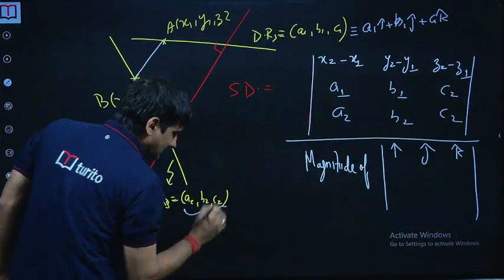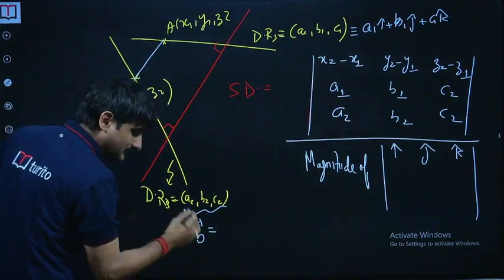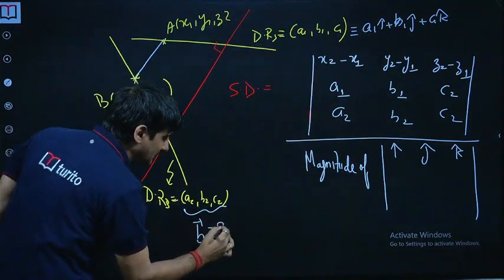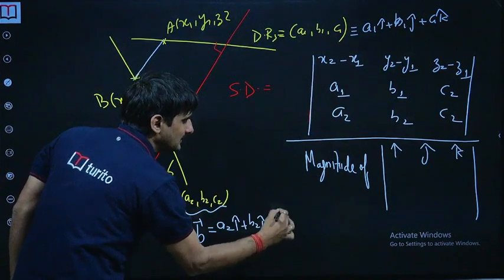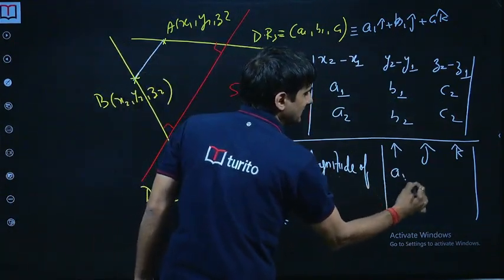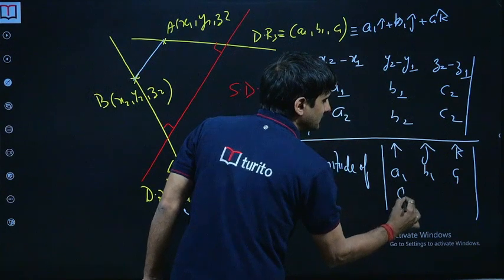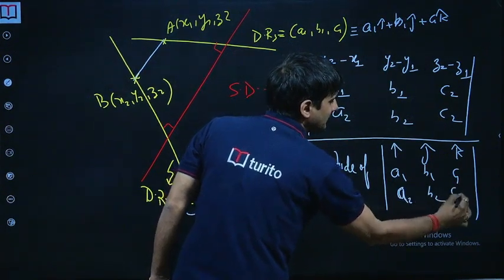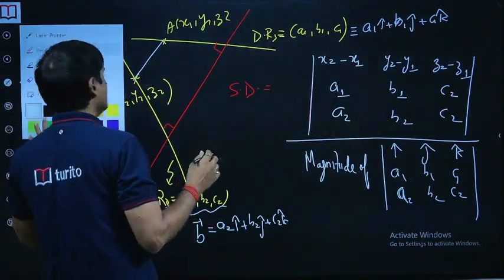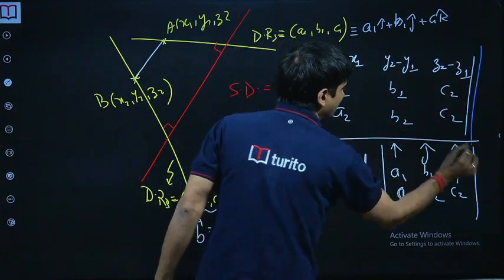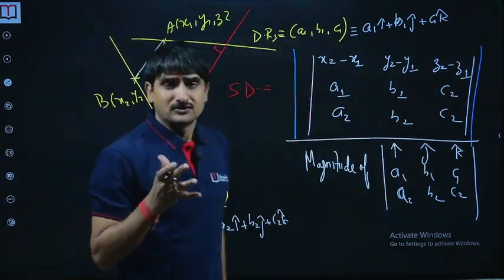Similarly, the direction vector of this line, whose DRs are a2, b2, c2, will be a2 i cap plus b2 j cap plus c2 k cap, and just put the value here. So it's a1 b1 c1 and a2 b2 c2 here, magnitude of this vector, and of course then you put the mod here so as to ensure that this is positive. That's the formula for shortest distance.